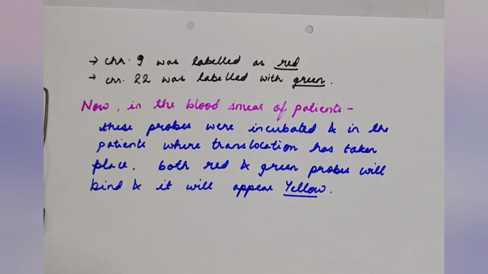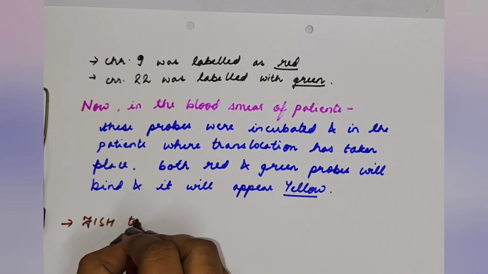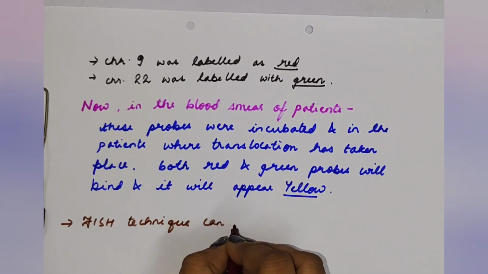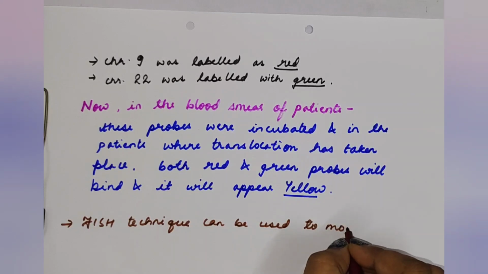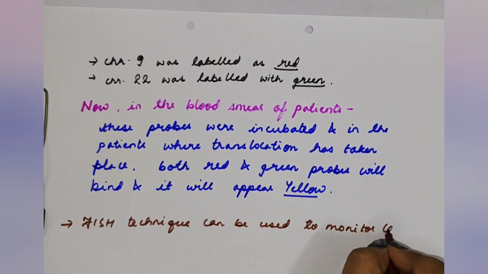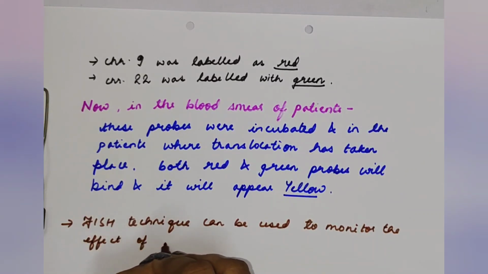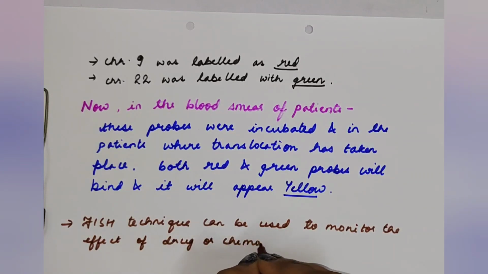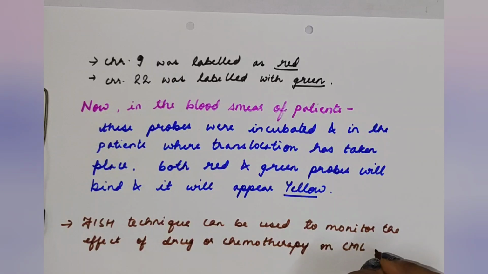Now, this technique is also used to monitor the effect of drug or chemotherapy on CML patients. How can this be done? If we are to treat a CML patient with a drug, or the effect of chemotherapy is to be monitored, then before starting the treatment, the smear of the cells of the patient will be made and the number of yellow cells will be counted.